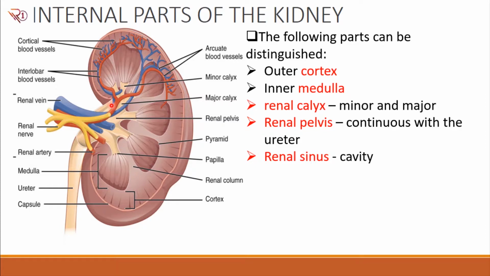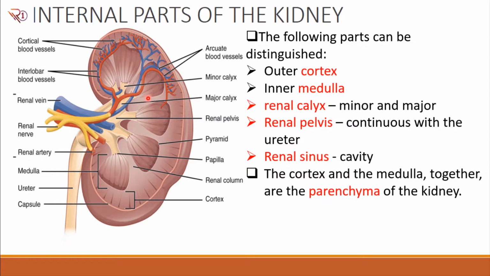Minor and major calyxes combine together to form the renal pelvis, which is then continuous with the ureter into the urinary bladder. Now, the hilum or the cavity where the vessels and nerves enter and leave the kidney is what we term the renal sinus.